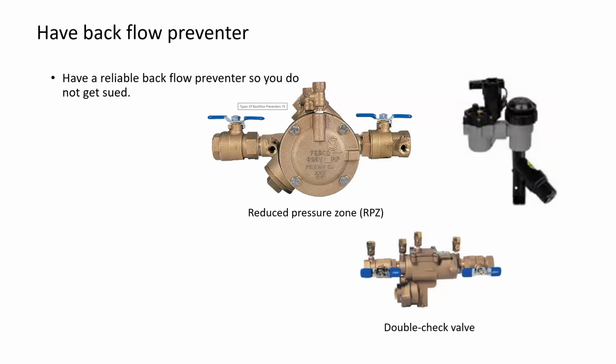Now, this might not be a big thing to do with your irrigation efficiency, but I would always like to keep this in the presentation when I talk about irrigation: you need to have a reliable backflow preventer.